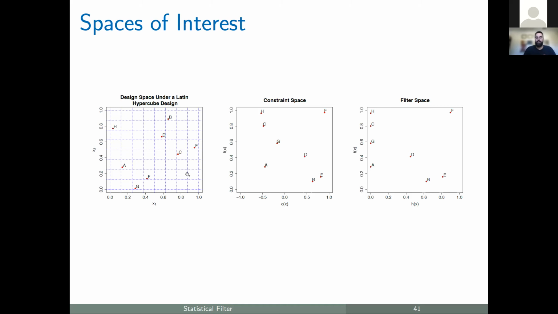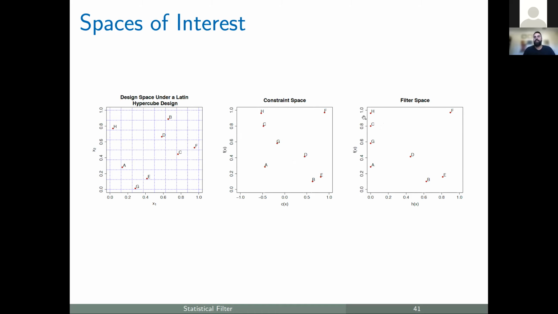Once you have those inputs, you pass them to your computer model, and you have what we're calling the constraint space here, which is where those points live in this F of C space, okay? This space is important because this is where we're actually going to be modeling our data using our Gaussian process. So we fit our Gaussian process in the constraint space. Then once we have our Gaussian process and we make predictions of what we think the computer model would do at inputs that we haven't tried, they're going to get mapped into what we call the filter space.